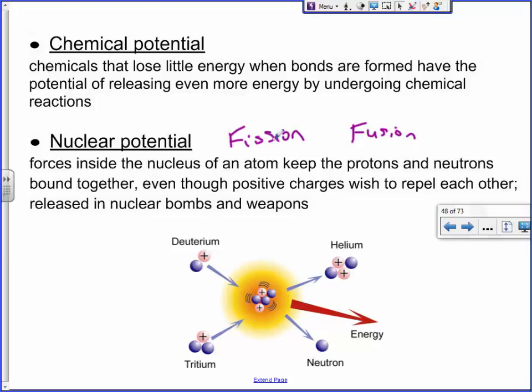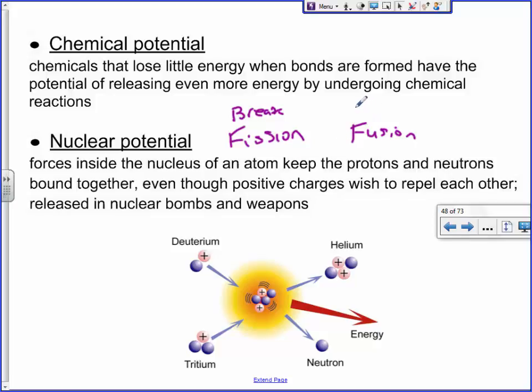Fission basically means you take the nucleus of an atom and you break it into pieces. That's incredibly difficult to do, because if you remember anything about chemistry, we're not supposed to be able to change the inner nucleus. We can change the electrons, that's easy to do. But if you can actually break apart that nucleus, that's a nuclear bomb or nuclear energy. If you can break it apart, it's fission.